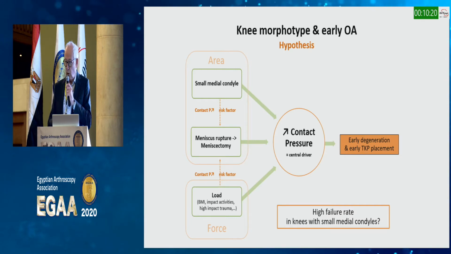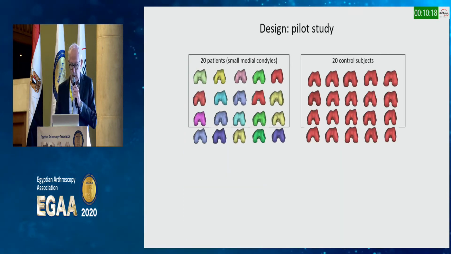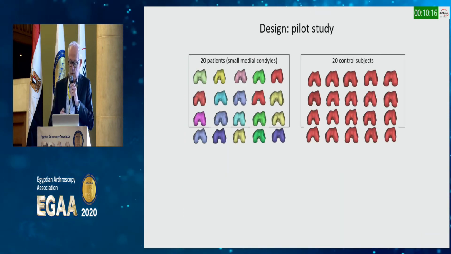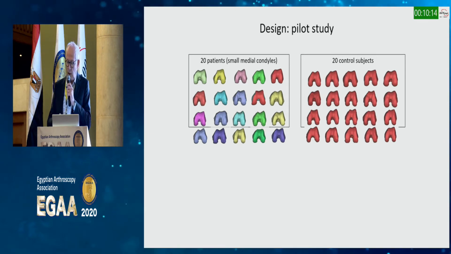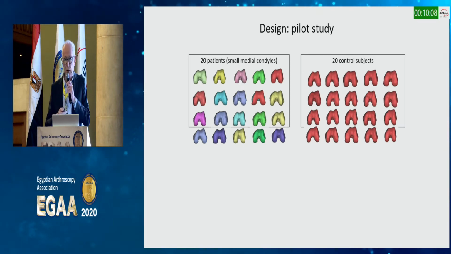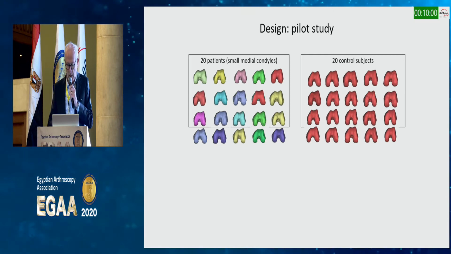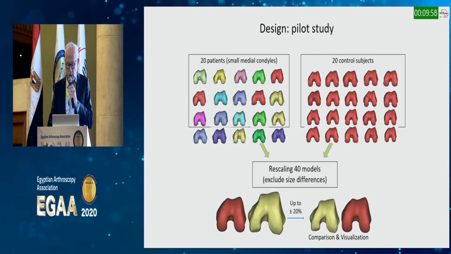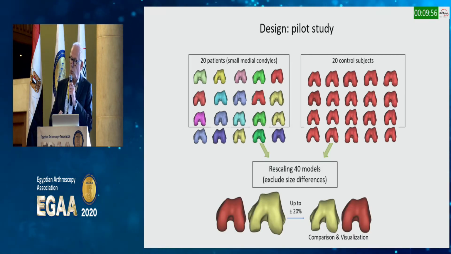Would this be true? So the group in Antwerp designed this pilot study controlling these 20 small medial condyle femurs, which they assembled in the series, versus what they would rather call control subjects, normal joints as we would see, and whether one of these would present more degeneration than the other.